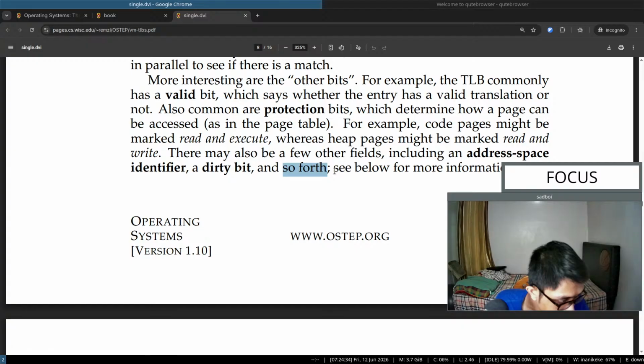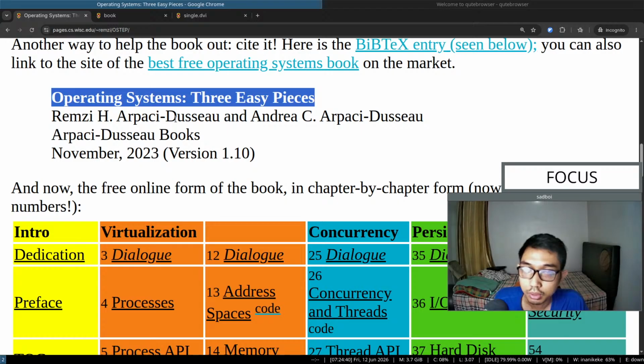Okay, what is happening? I'm trying to learn about operating systems by reading this book, Operating Systems: Three Easy Pieces. You can take a look at the description for the resource.